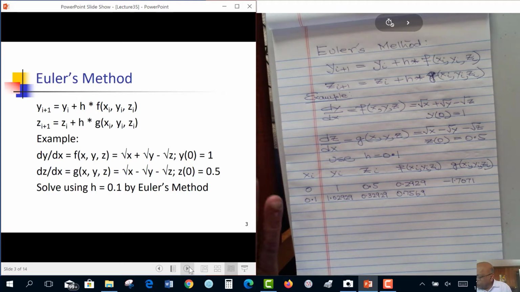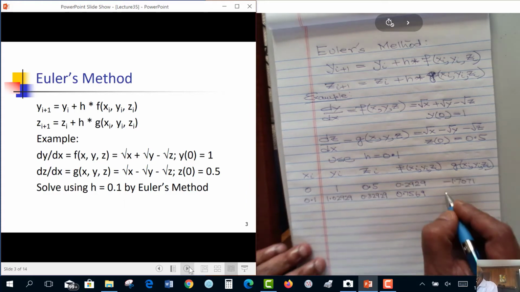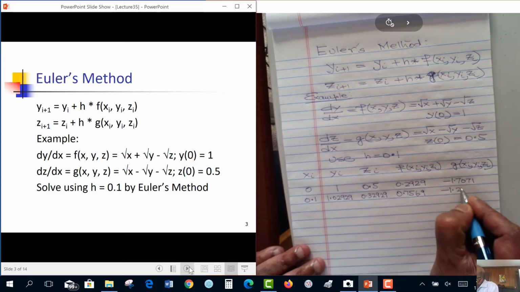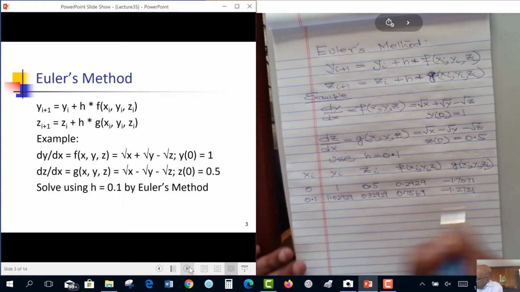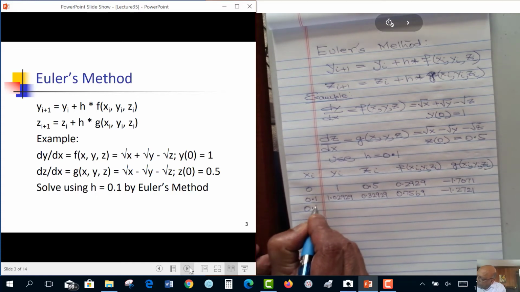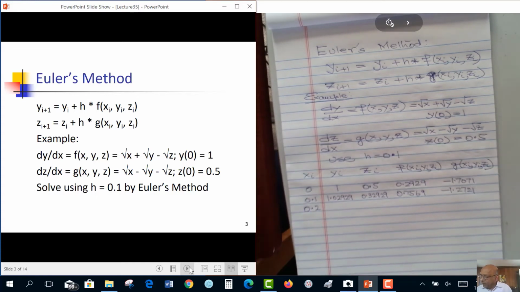Okay, let's do the next one. Square root of 0.1 minus square root of 1.02929 minus square root of 0.32929, and we'll get minus 1.2721.